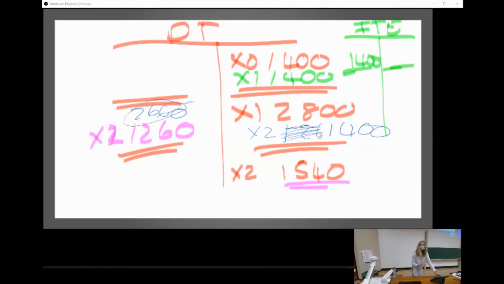So these two amounts, we don't do the journal separately. Please don't do the journal separately. I'm just trying to show you that this 1,260 consists of the 2,660 debit and the 1,400 credit. Got it?